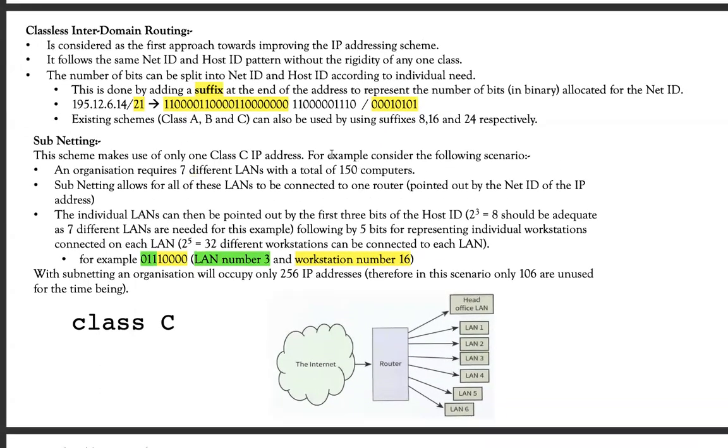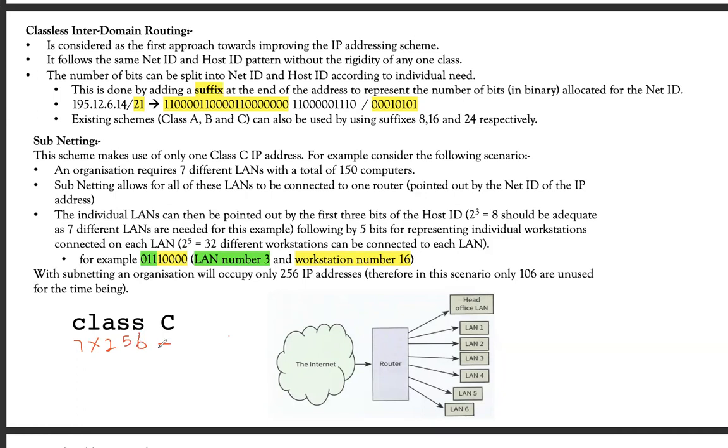There's this organization that has 150 active users sitting on 150 computers, which are connected to the internet. And all of these 150 computers are divided into seven different networks. So by this logic, for 7 different networks, I will need 7 different net IDs. And since we understand that class C is the most common approach, that means 7 net IDs, and each class C net ID is capable of hosting 256 computers.